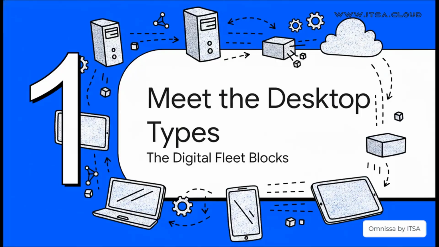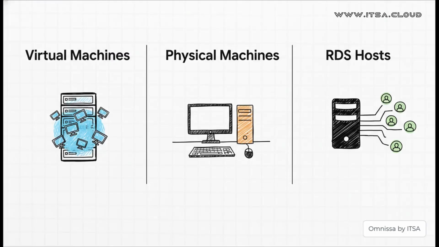Okay, so what's actually in this inventory? What are these digital desktops made of? Let's take a look at the actual building blocks of this whole digital fleet, because it's a lot more flexible than you might think. So this inventory is really a mix of three different things. First, you've got your standard virtual machines, which are basically computers that are just made of software, running on a powerful server somewhere.